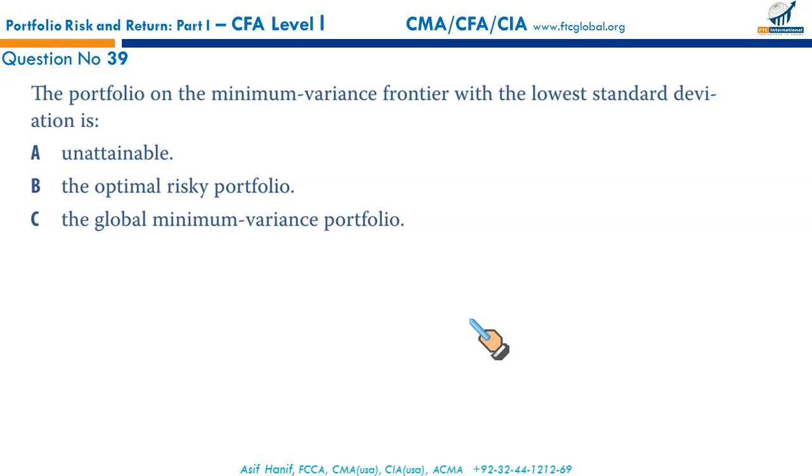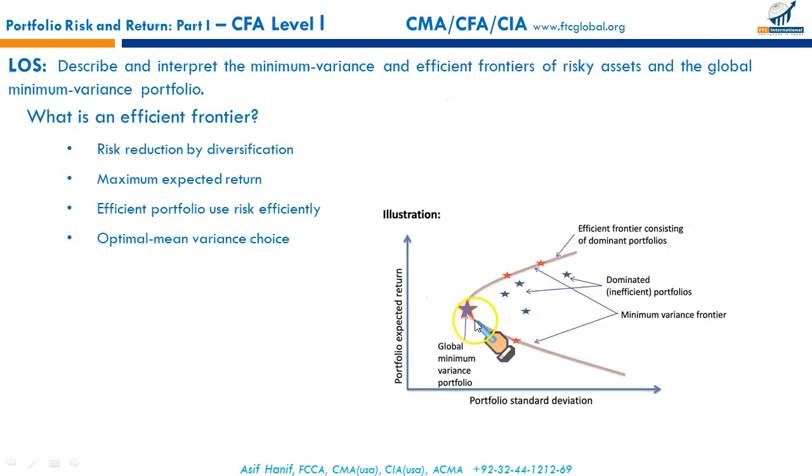Then, the portfolio on the minimum variance frontier with the lowest standard deviation is unattainable, the optimal risky portfolio, the global minimum variance portfolio. Let me show you from where we can do this question. This is it. Global minimum variance portfolio.